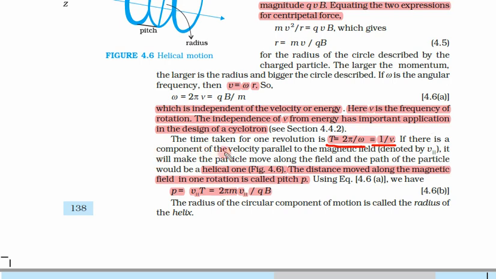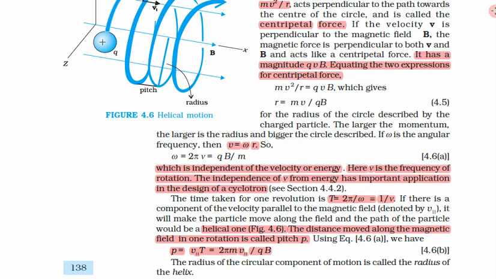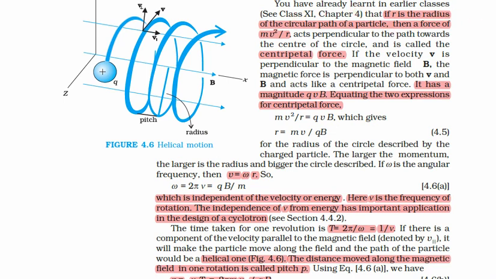If there is a component of velocity that is parallel to the magnetic field, that is v parallel. So in this figure, let me show you the figure again. We have two components of velocity, this is v perpendicular and this is v parallel.